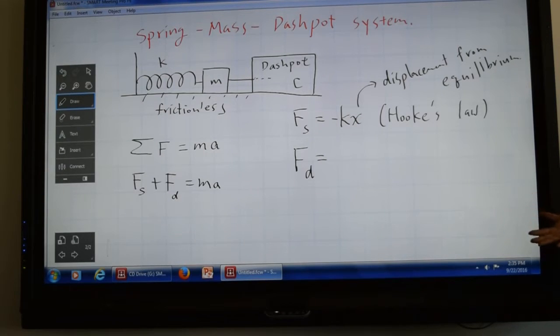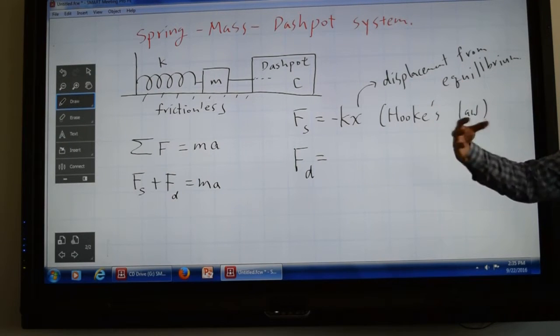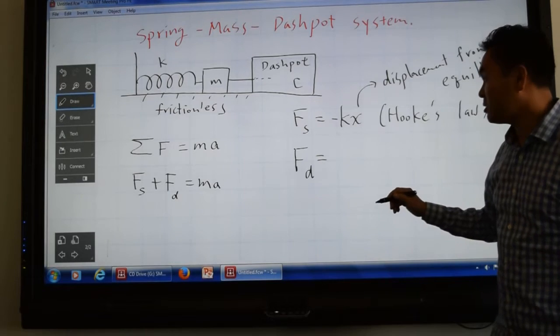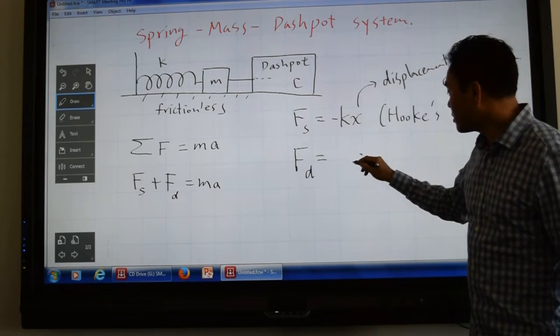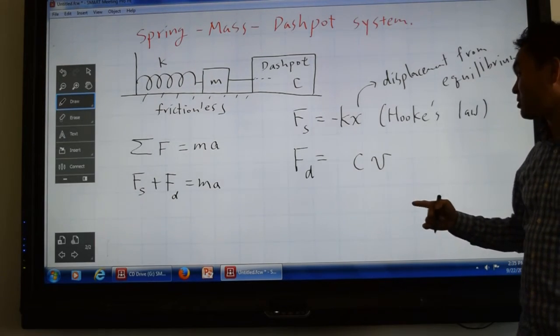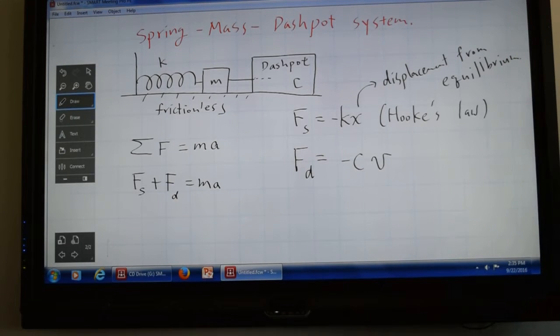It doesn't do anything because there's no friction needed to counter the movement. And the faster this block tries to move, the more it will counter it. So for this one, it's proportional to the speed. And because it's always trying to act against the direction it's moving, it should be minus of this.